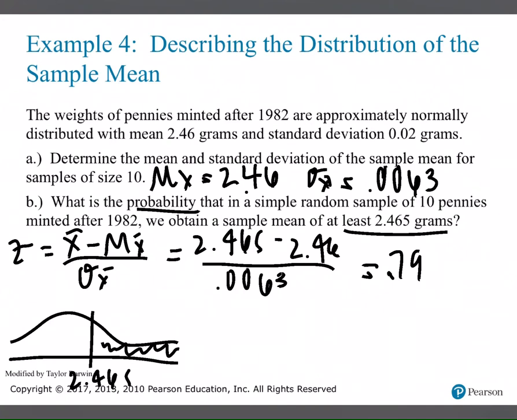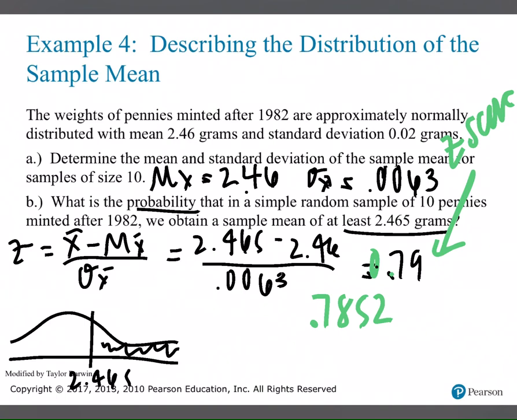Remember, at this point, you need to look this up in your z-score chart. And when I look this up in my z-score, I get 0.7852. This is the same thing as 0.79. So look up 0.79 in that z.